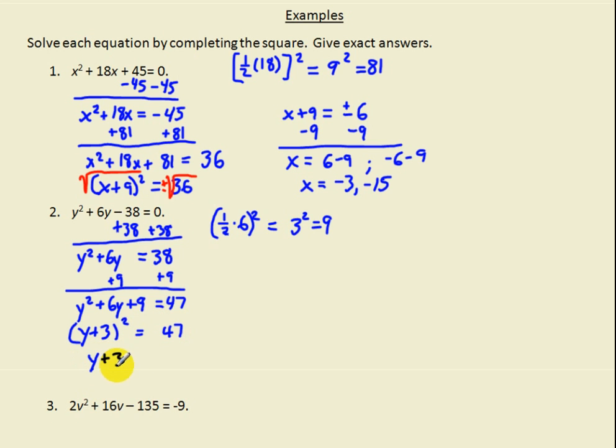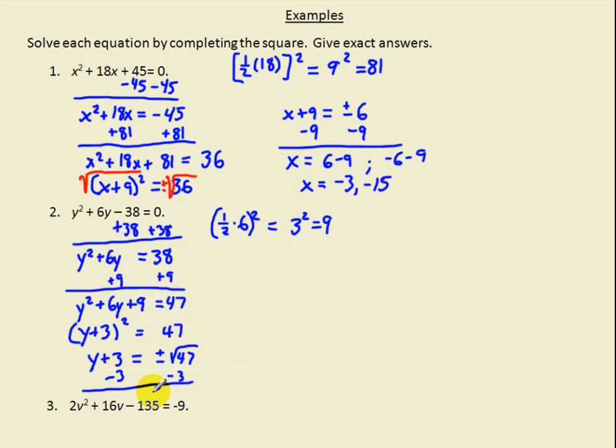So y plus 3 equals plus or minus the square root of 47. Now notice 47 isn't a perfect square. As a matter of fact, we can't even factor anything out of that. So it's already in simplest radical form. But notice the directions again said give exact answers, so we're not going to turn this into a decimal. So, we do need to subtract 3 from each side though.